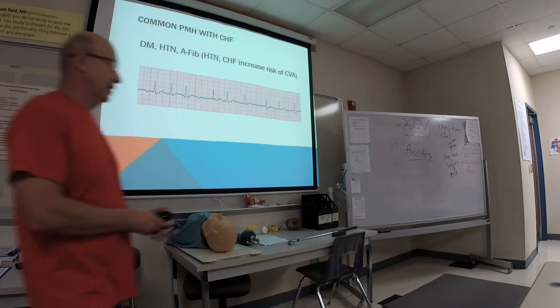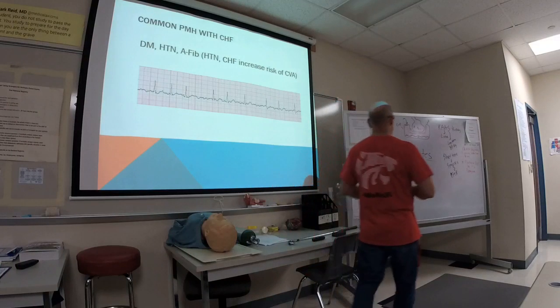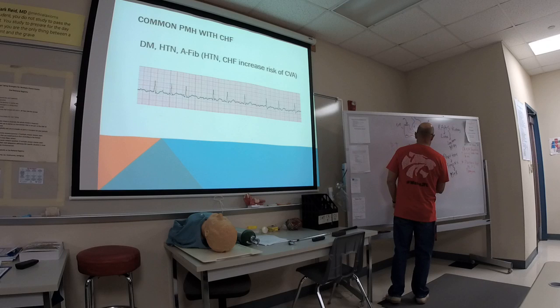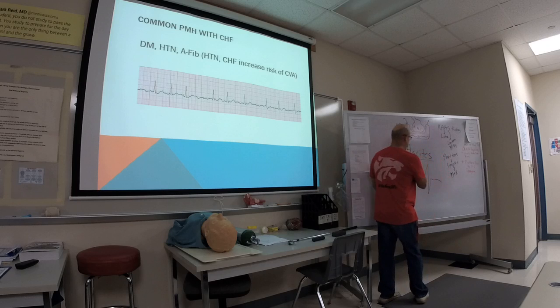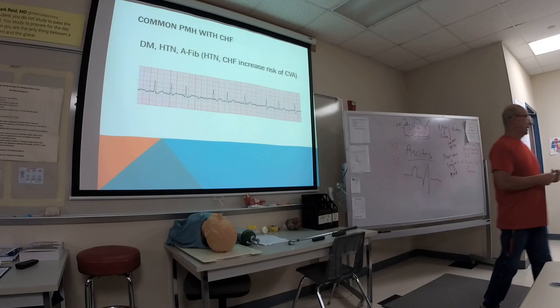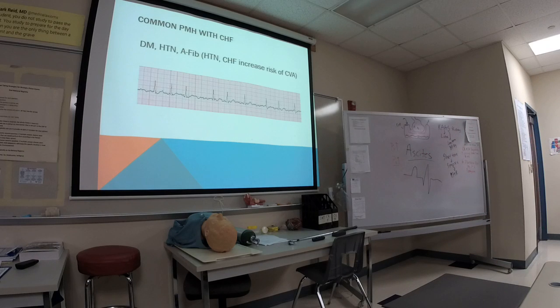By definition, a P wave is upright, well-rounded. That's not so well-rounded, but upright, well-rounded. Do you see anything in there that's upright, well-rounded, and regular? They look the same? No. So there are no discernible P waves in there, and it's irregular. If you see a rhythm like this, and it's irregular, and you can't discern P waves, it's probably AFib.